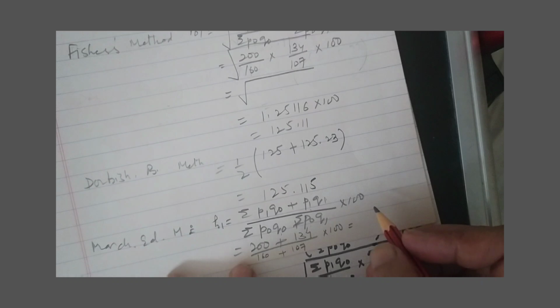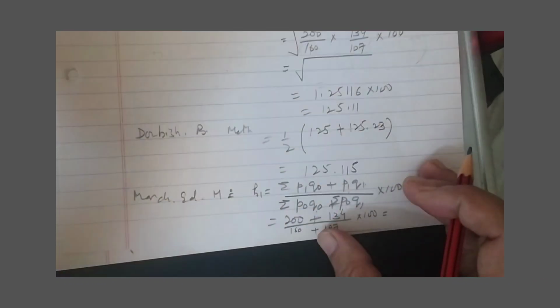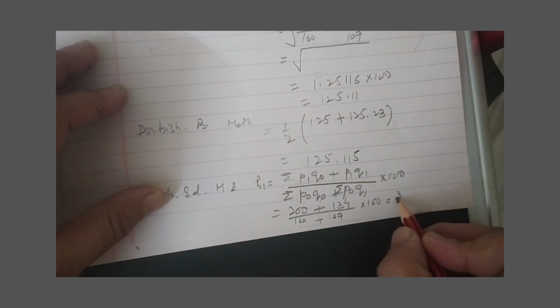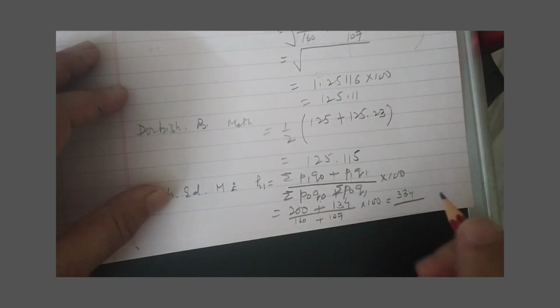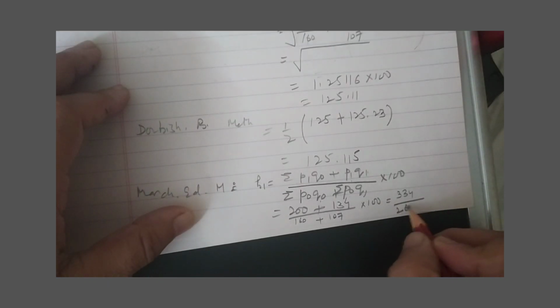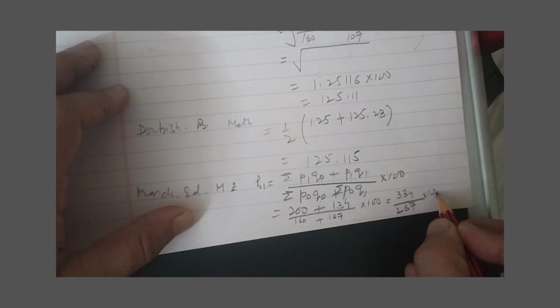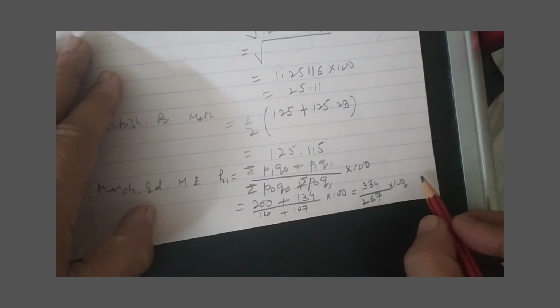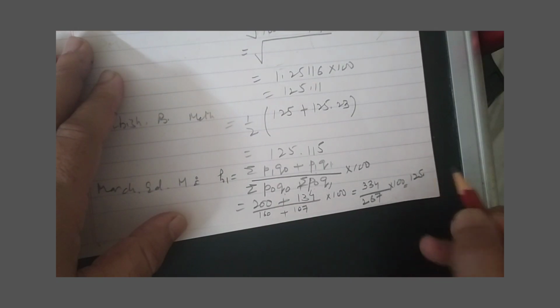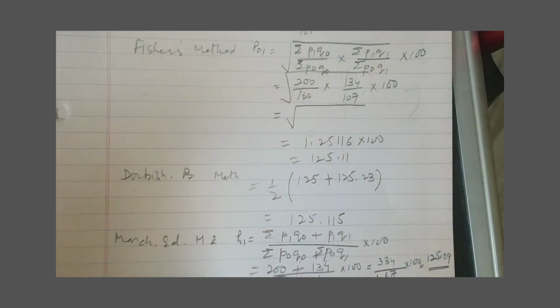So these are 334 over 267 into 100. Do the calculation using the calculator and you will have 125.09 approximately. So this is how we have to find the different values.